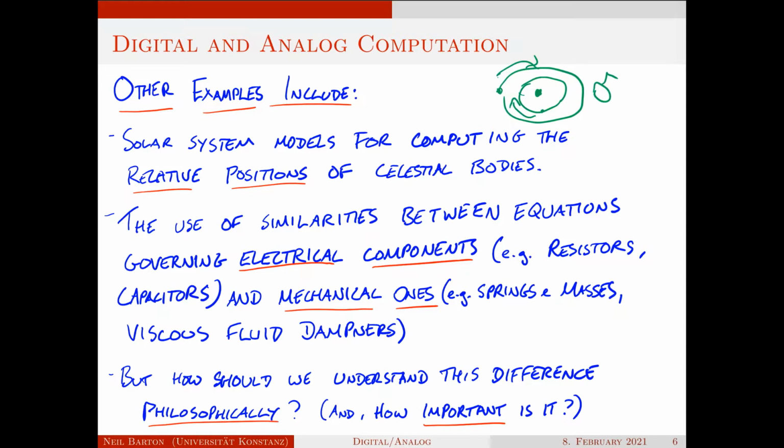I can use this, for instance, to compute the relative positions of planets. So I crank the handle a number of times corresponding to, let's say, a year, and after that year, I will then be able to calculate, for instance, the distance between these two celestial bodies on the basis that it's a good model, and so forth. Yeah. So this is one kind of example we might have of the use of analog computations.